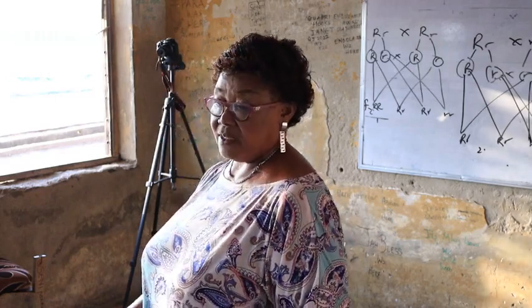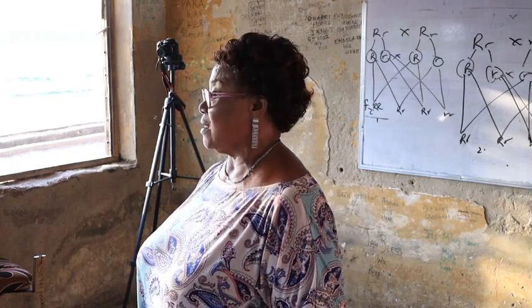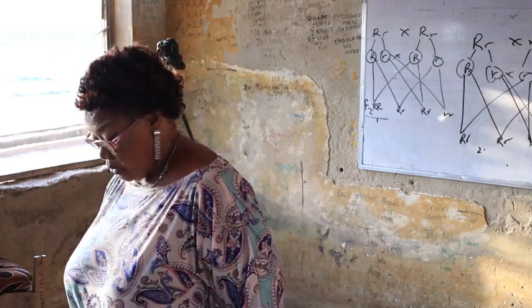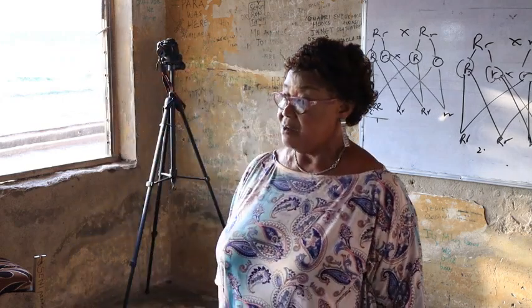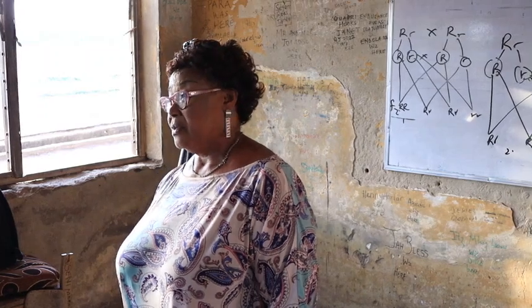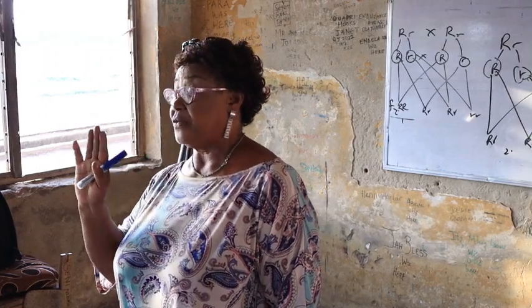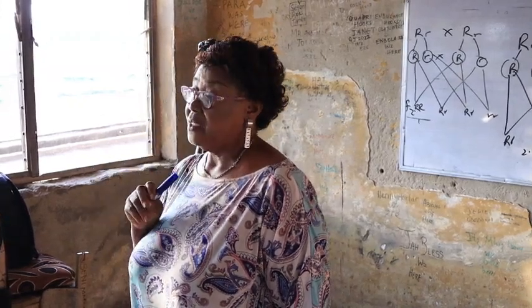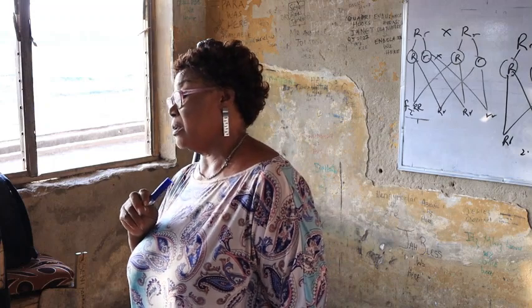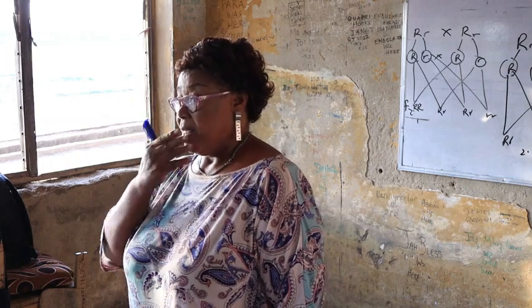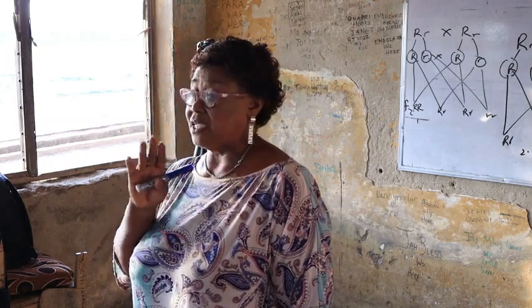So that gives us another room for trying to determine sex link. I want to talk about sex link in humans. Already we know that in human beings there are 2 types of sex chromosomes, whereby the female has a pair of homologous chromosomes, XX, and the male has a heterozygote, XY.